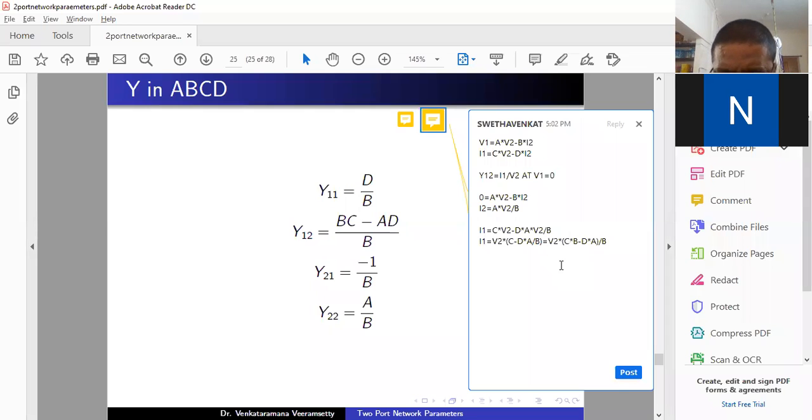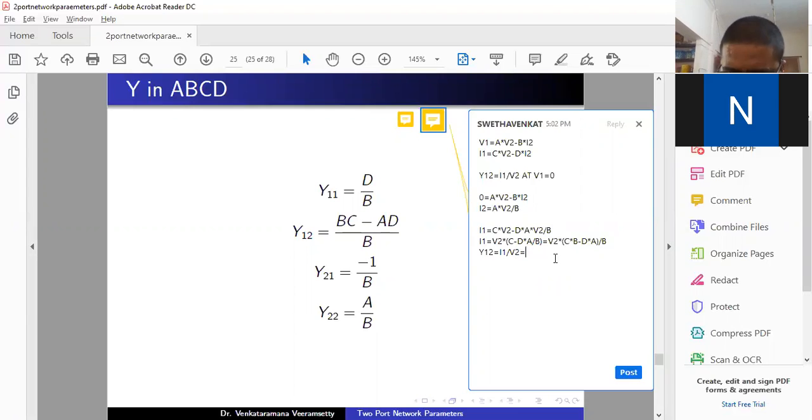Right? Now actually what we want is Y12 equal to I1 by V2. So I1 is here and V2 is here. So Y12 is equal to I1 divided by V2. If you move V2 to this side, it will be I1 by V2.